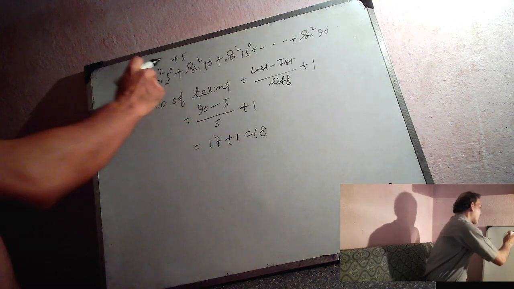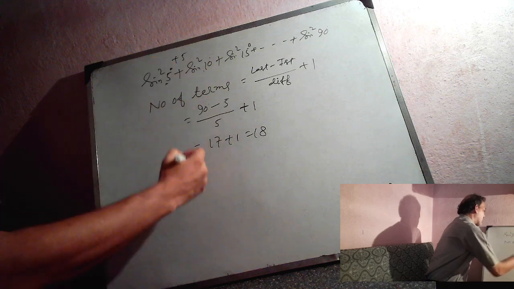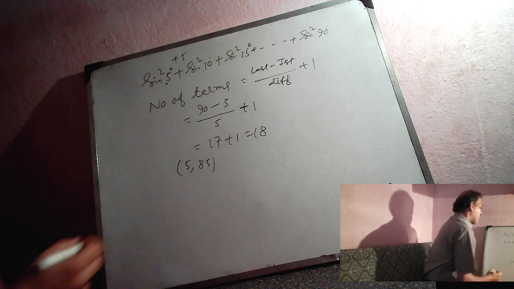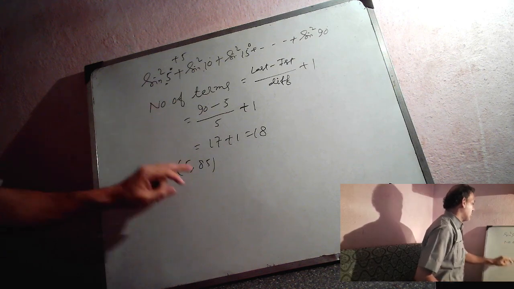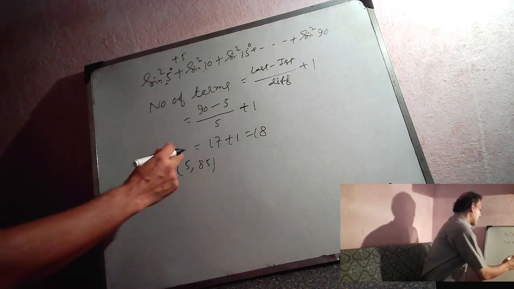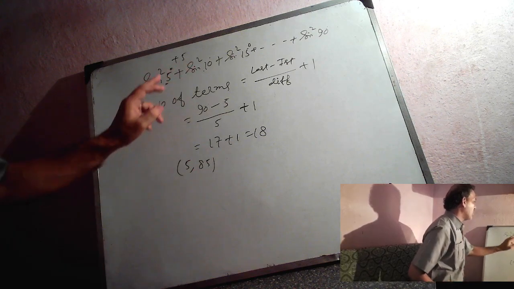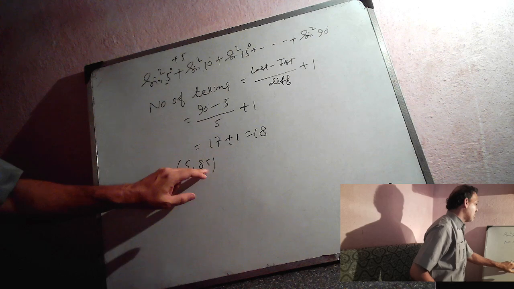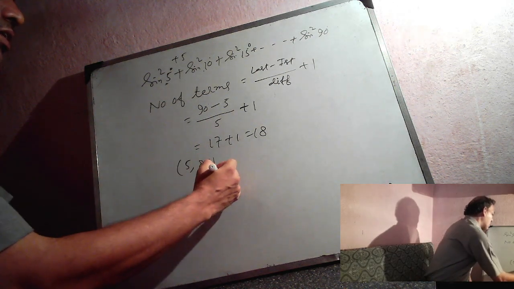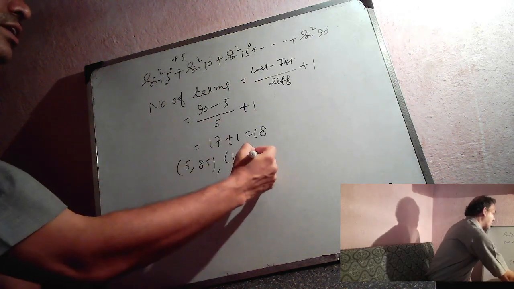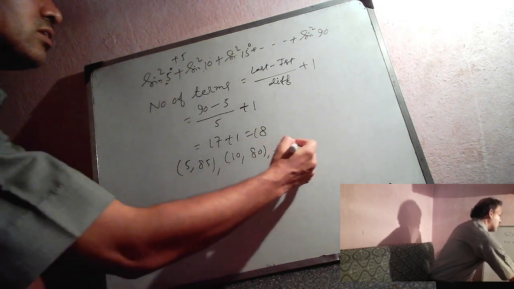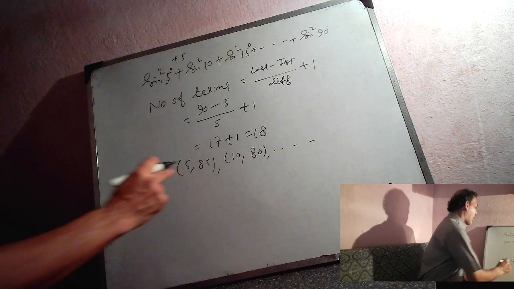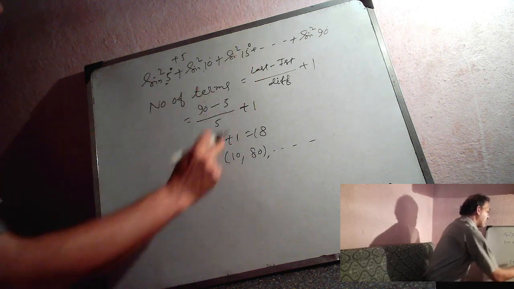Now pair these terms: 5 and 85. Why? 5 plus 85 equals 90. Pair those terms whose sum of angles will be 90. 5 plus 85 is 90. Similarly, 10 and 80 will be 90. 5 means sin square 5, 85 means sin square 85.